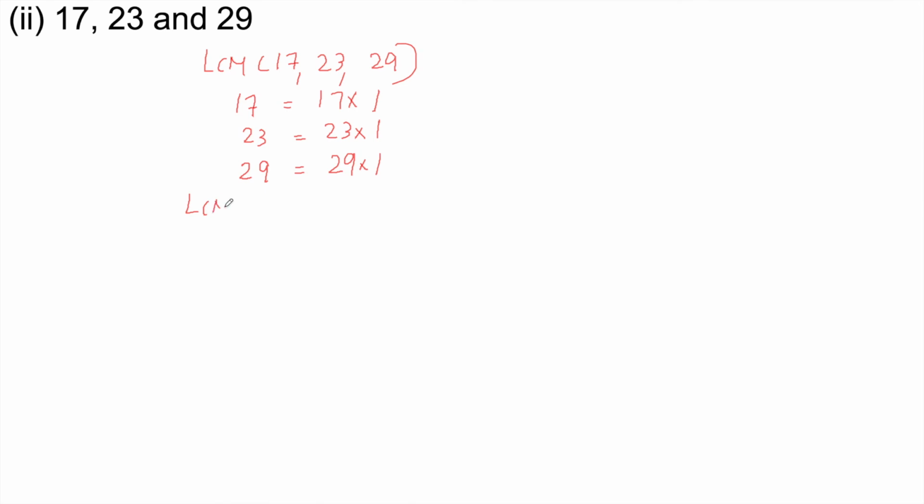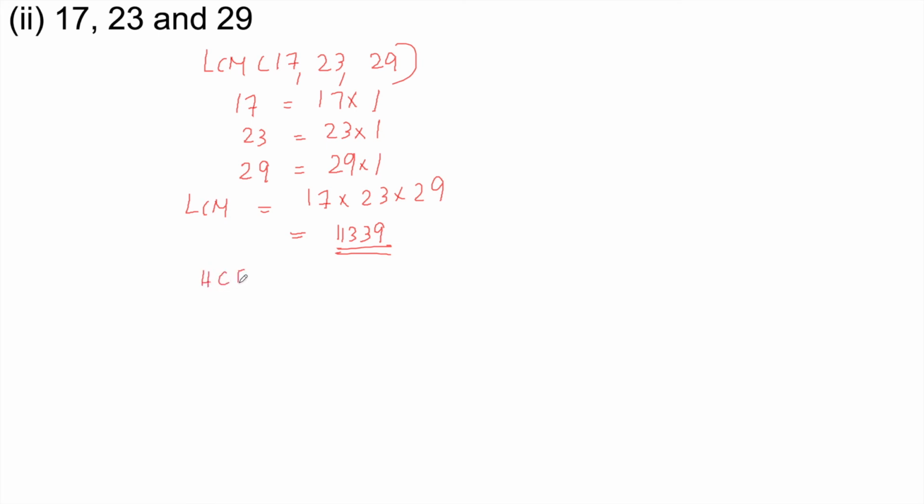So what is the LCM? 17 into 23 into 29. Into 1 we don't want to consider. So 17 into 23 into 29 is 11,339. This is the LCM.